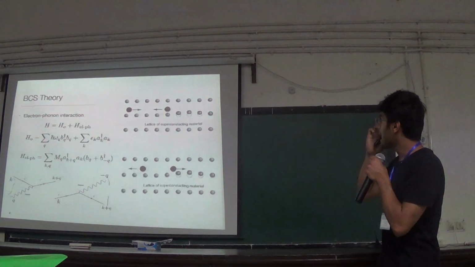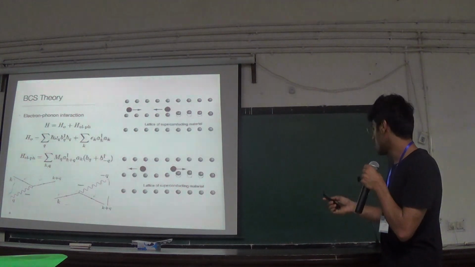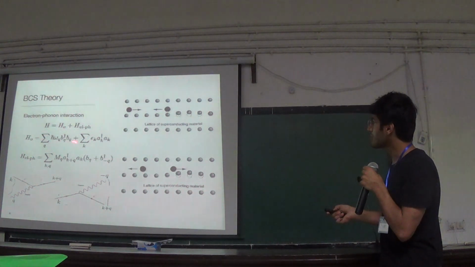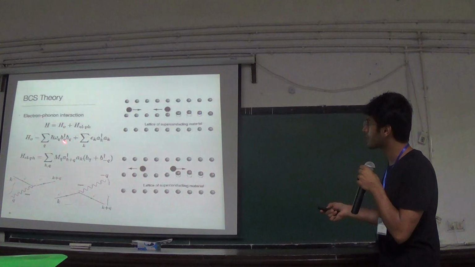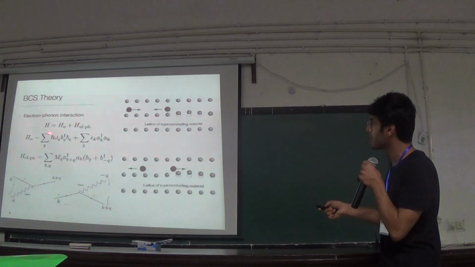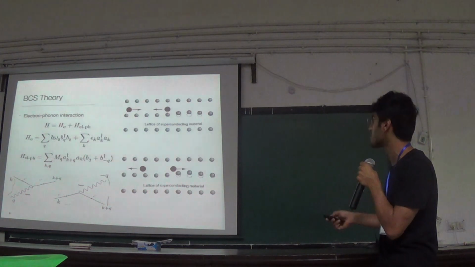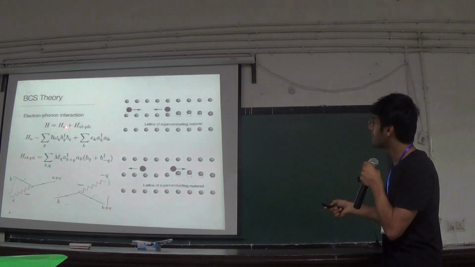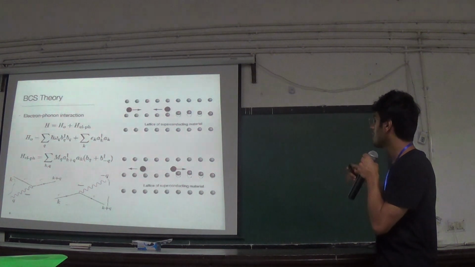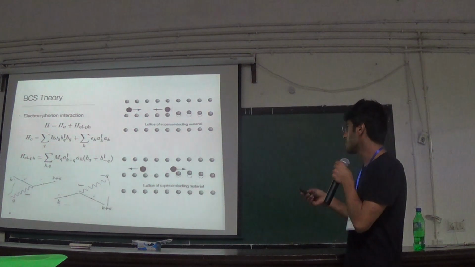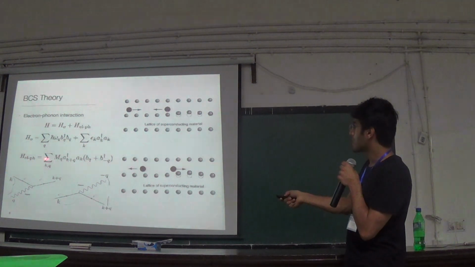They started with the Hamiltonian, where you have the usual energies due to the phonon modes. This is just counting the number of phonons in the system and the energy related to that, because it's just the quantum harmonic oscillator. Then you have the energy related to the electrons in the system. And then there's this electron-phonon coupling.